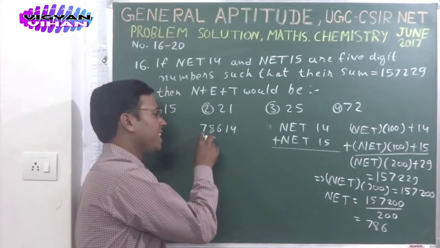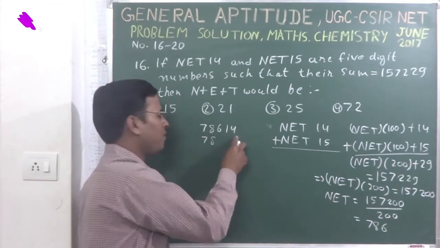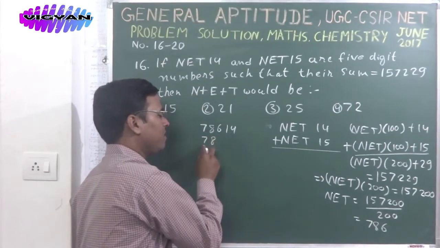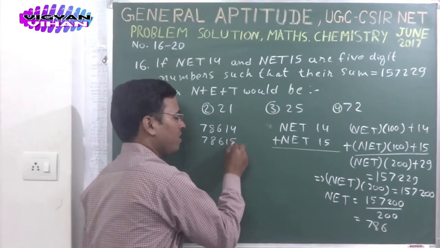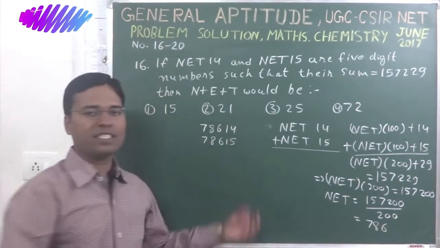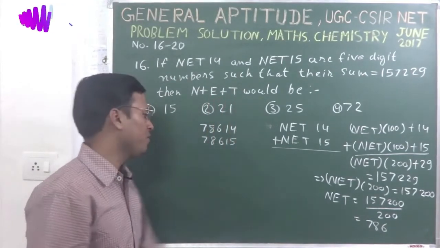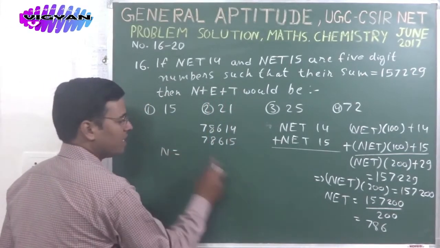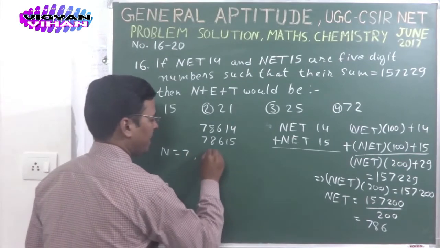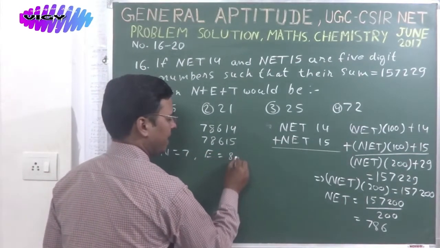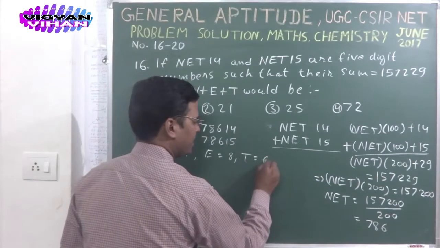These numbers are 78614, and the second number is 78615. The question is asking the value of n plus e plus t. The n value is here 7, e value is here 8, t value is 6.